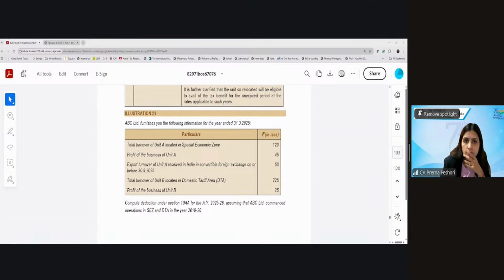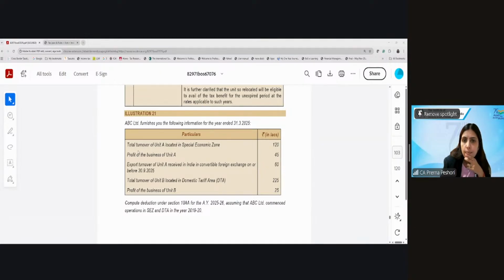22.5 lakhs. 22.5. Jyoti, you've got 11.25. What about others? Okay, we have to take 50% of 22.5.